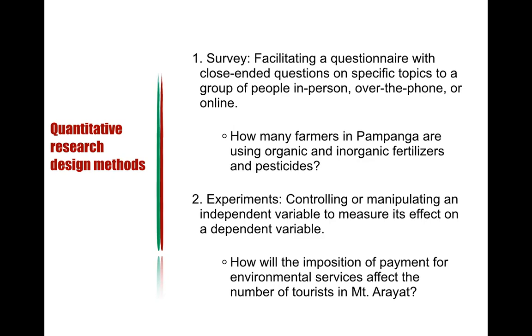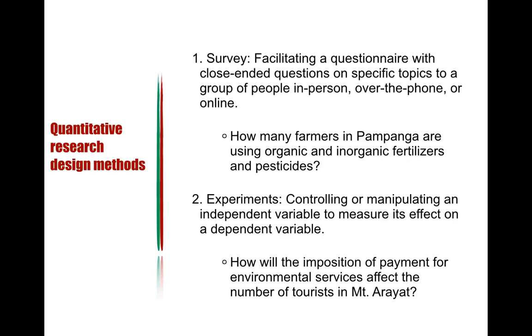No, you really have to consider these assumptions, specifically on the elimination of the bias and the randomization of your sampling design. So like for instance, in this question, how many farmers in Pampanga are using organic and inorganic farming fertilizers and pesticides? You can do this if you do a survey, right?